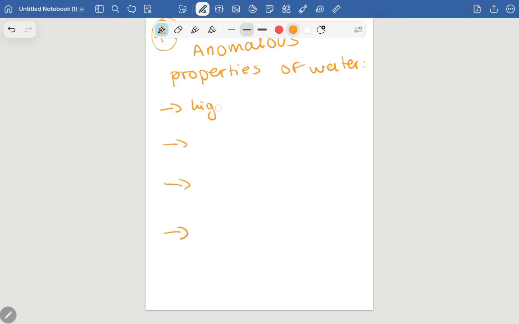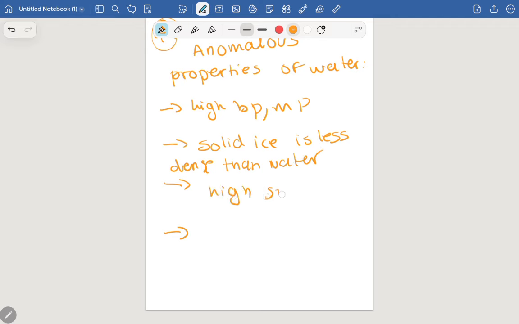Second is that solid ice is less dense than liquid water, which doesn't make sense because usually solids are more dense than their liquid form. Third is a high surface tension. And the last one is that it is a universal solvent.